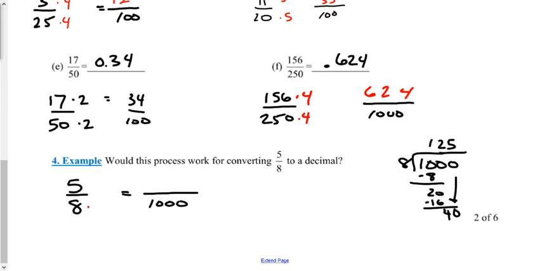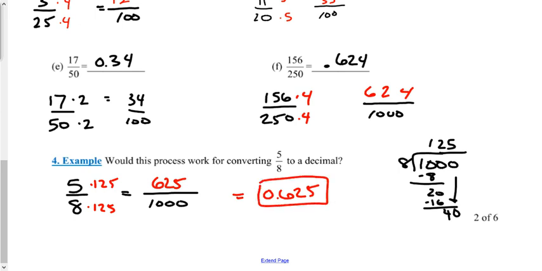So I could do 8 times 125 equals 1,000, and we'll take 5 times 125 to be, let's see, 625 thousandths, which makes 0.625.